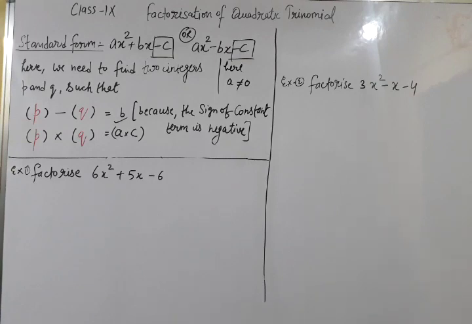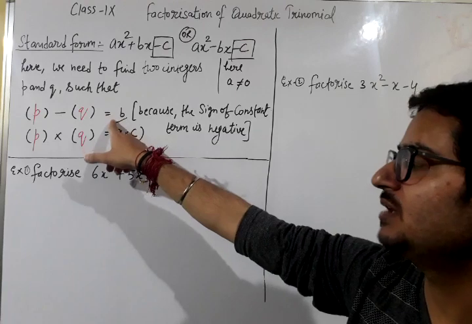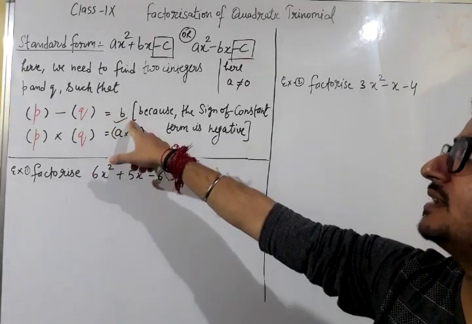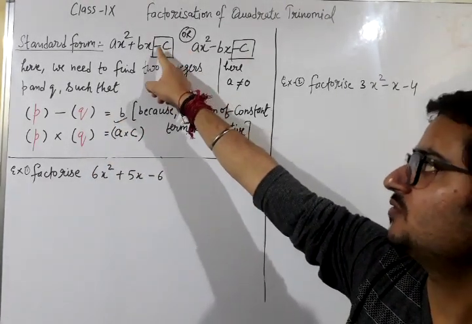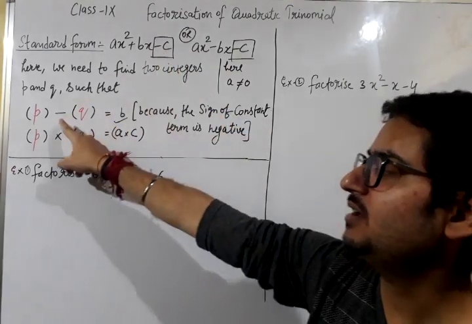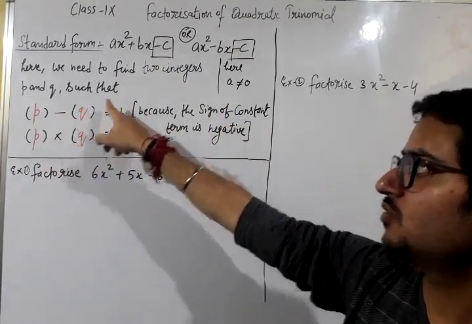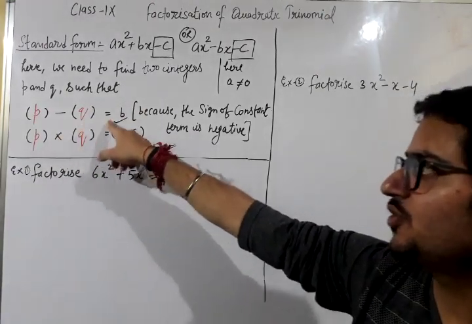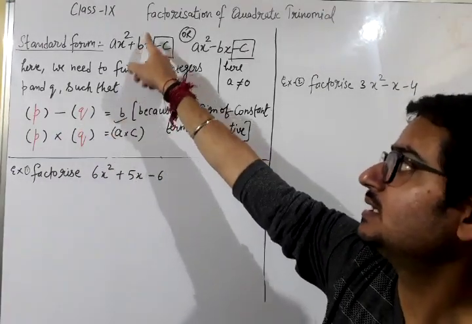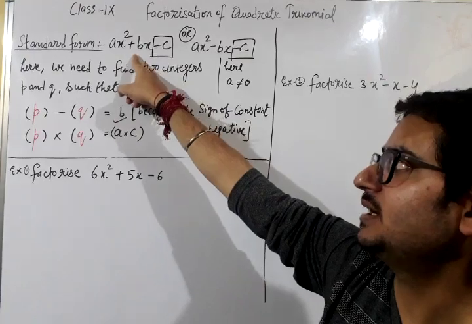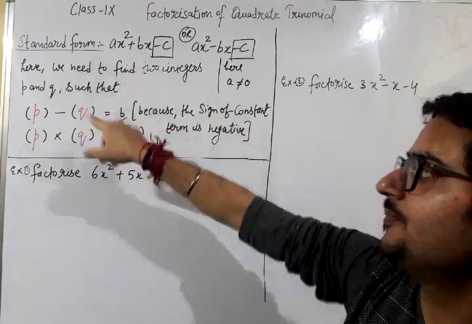On the same pattern we need to find two integers p and q such that the subtraction of p and q will be equal to the middle term. Just because of this negative sign we will find the difference of the two numbers, such that their difference should be equal to the coefficient of the middle term, that is b.